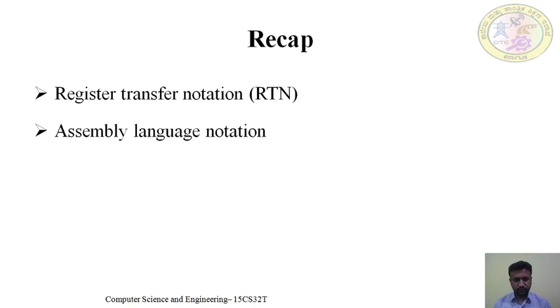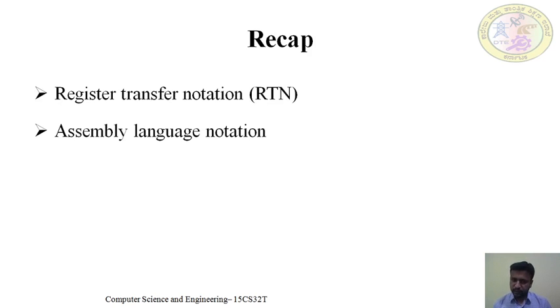The information may be from a memory location, a processor register, or registers in an IO device. In the RTN, the right hand side represents the value of the memory location, and the left hand side represents the location where the value needs to be placed.